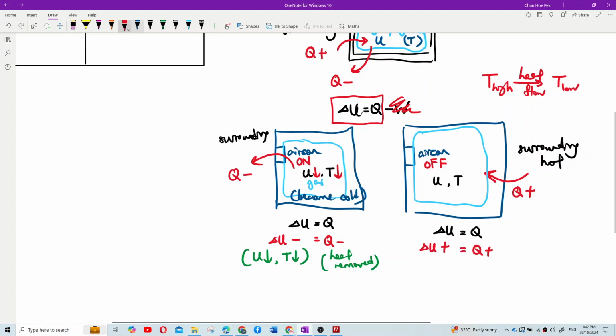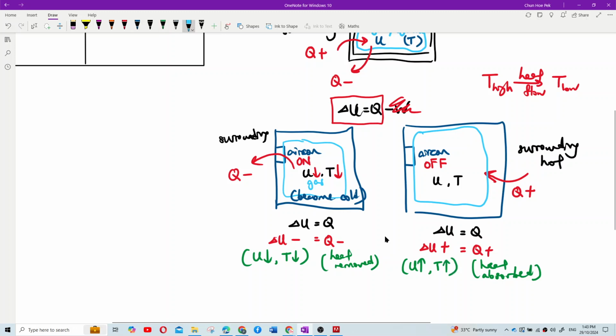That means apa? When heat is absorbed into the gas, the internal energy of the gas inside the room increase, temperature increase again.